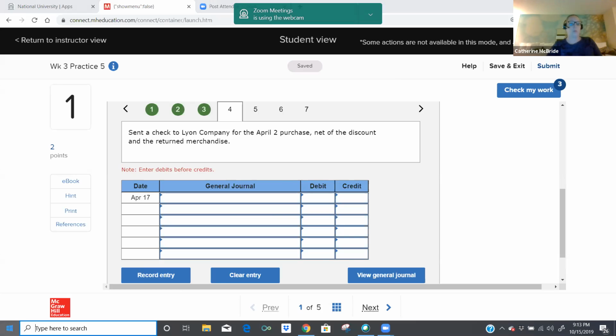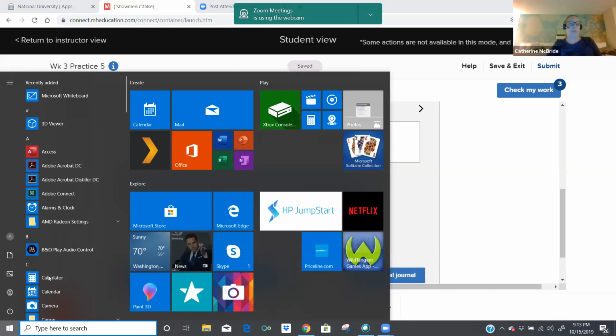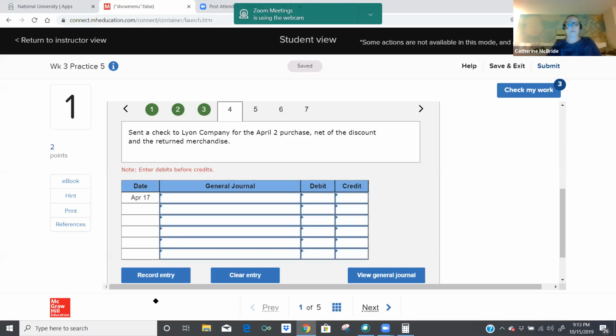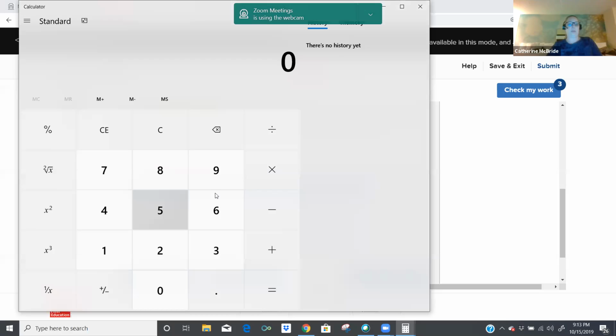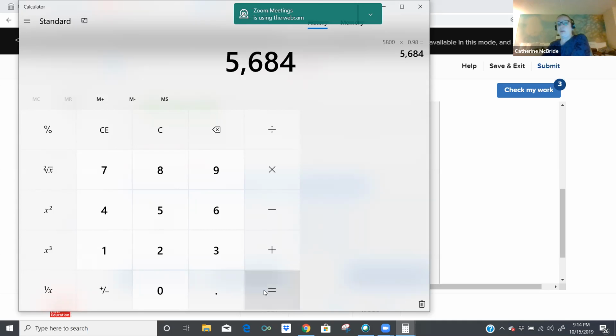So here's the way I do it. I say, how much am I going to send them? So I owe them $5,800. I get a 2% discount, so I'm only going to pay 98% of that. So times 0.98. All right, I'm going to write them a check for $5,684.